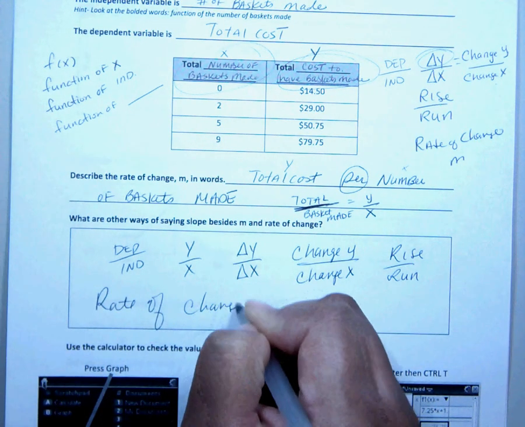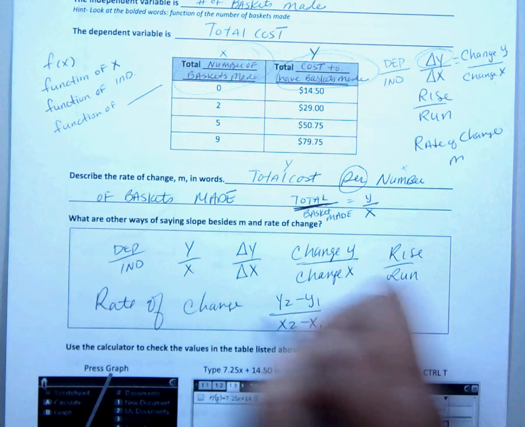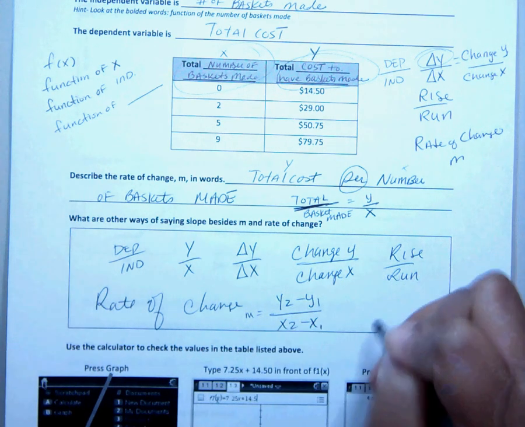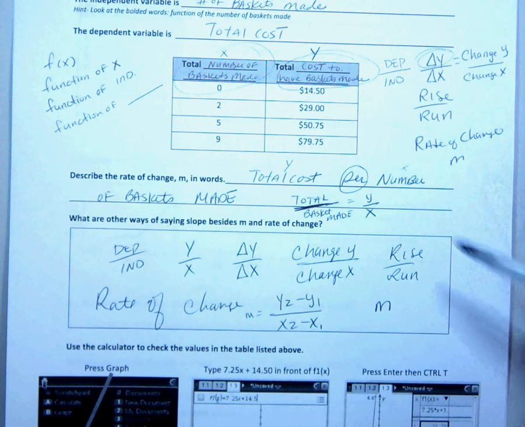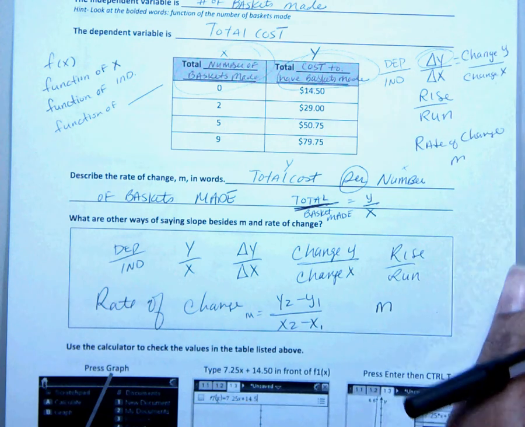And I know I'm leaving something off. The formula. This is the slope formula. Of course, the letter m. So I know I left something off. I know I didn't put something. So if you can remember it, tell me in class. I'll give you extra points.